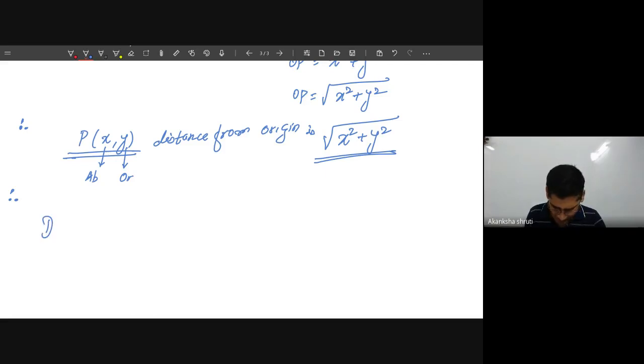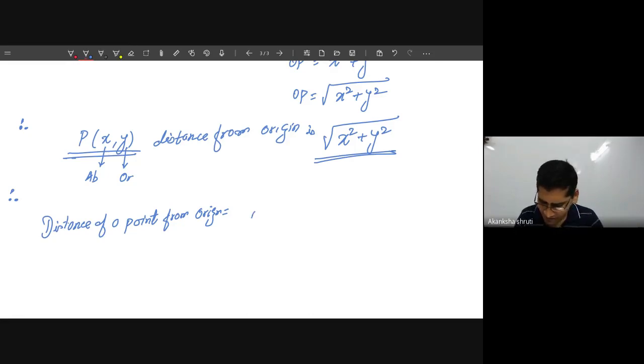Therefore, the distance of a point from the origin is obtained by squaring the abscissa. Means whatever the abscissa or x coordinate is, you have to square that.